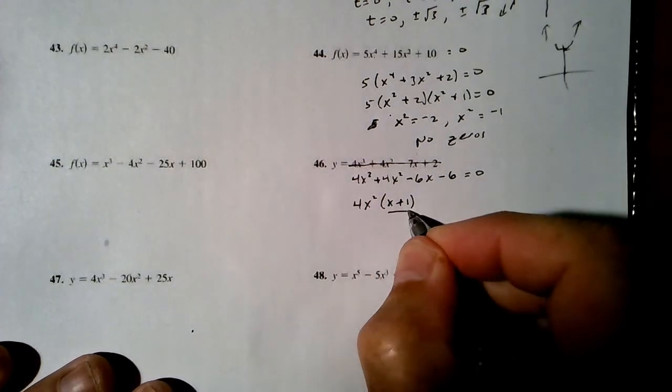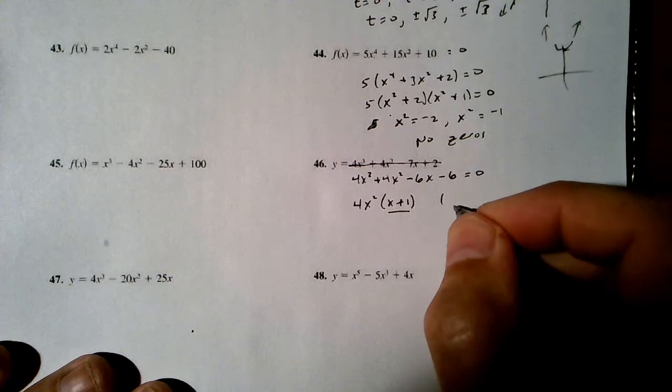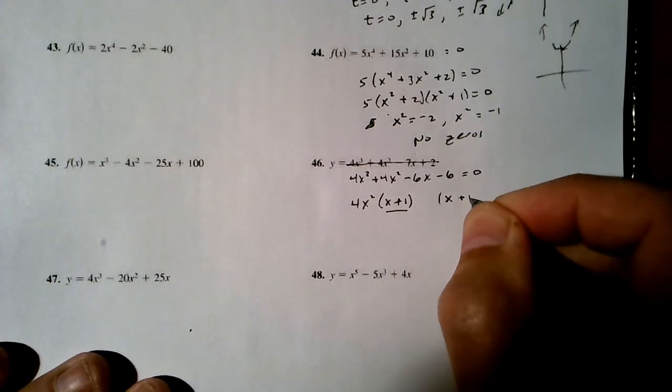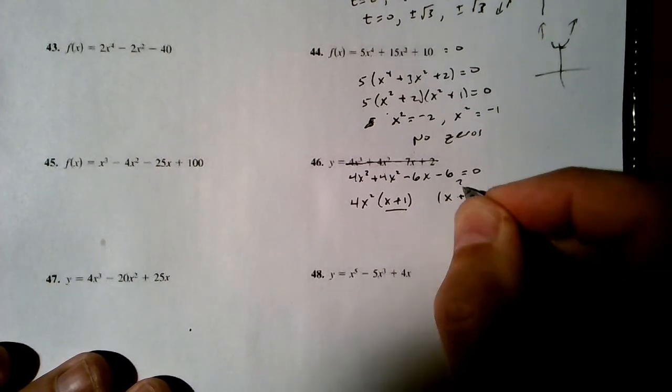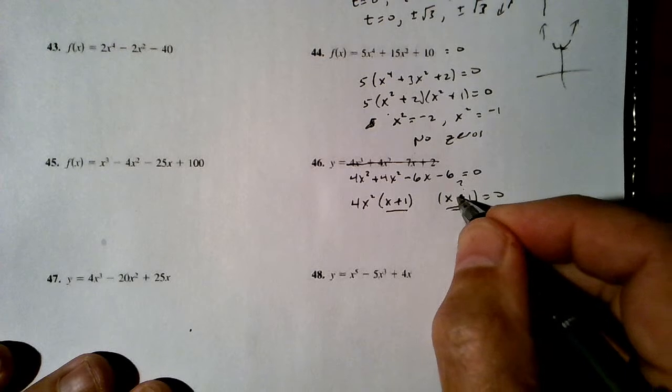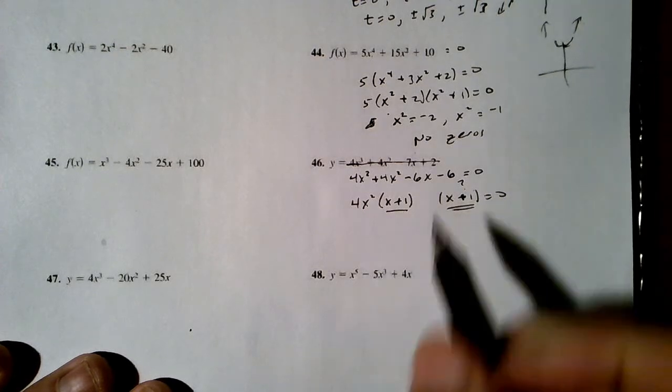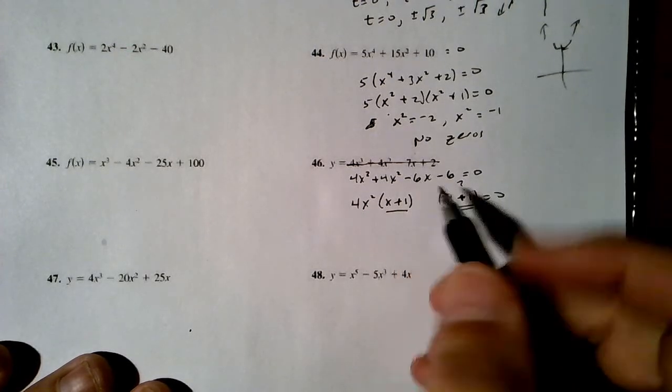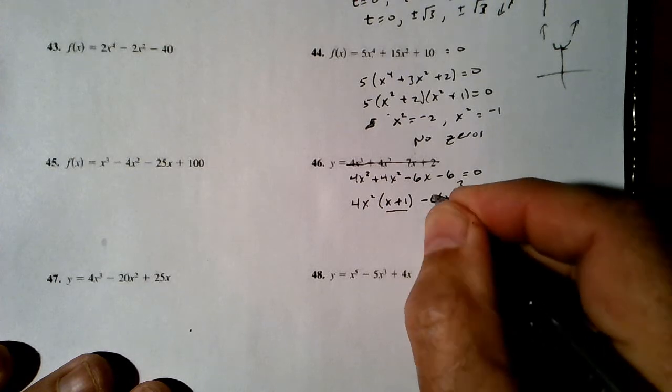If I've got an x plus 1 here, in order for this to work, I have to get an x plus 1 here. I might not be able to, but if I can't match that x plus 1, this is futile. But I can get that in this case if I factor out a -6.